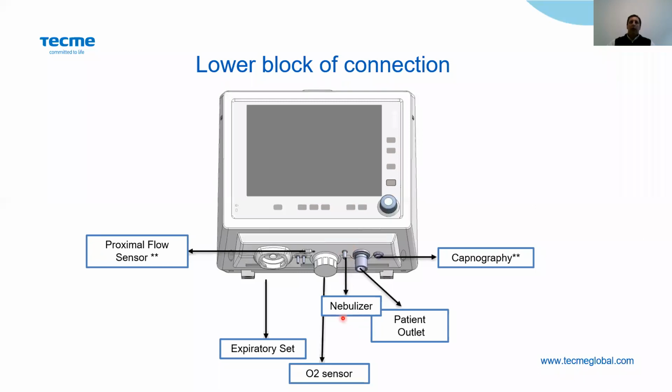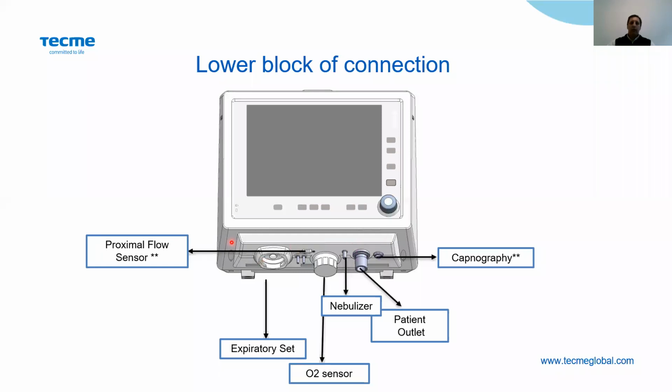In all categories, this nebulizer also controls the oxygen concentration that is delivered to the patient. So if I set an oxygen concentration of 50%, the machine is also going to deliver 50% oxygen through the nebulizer.